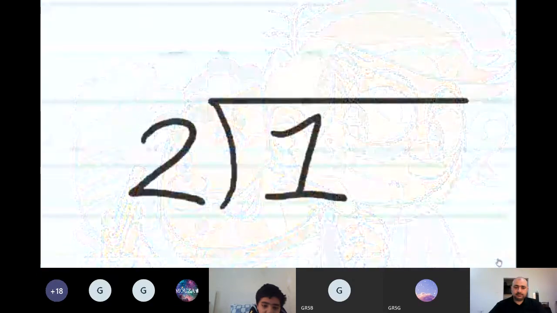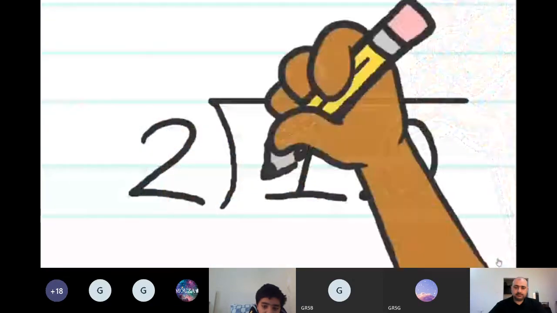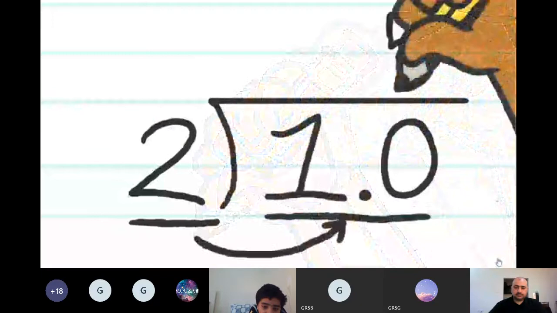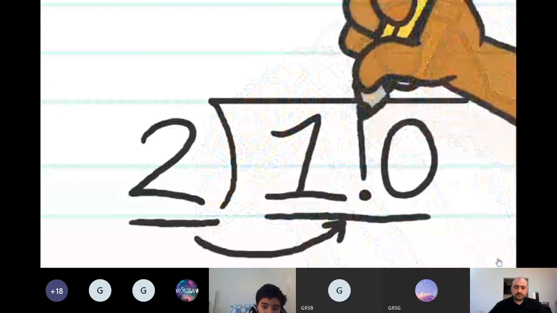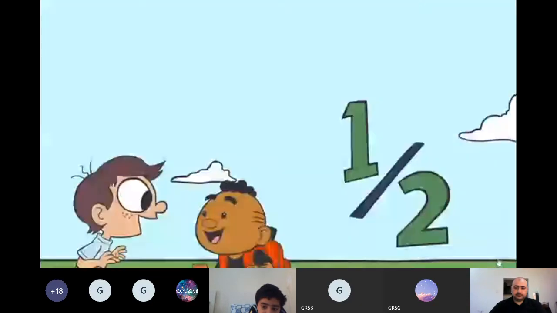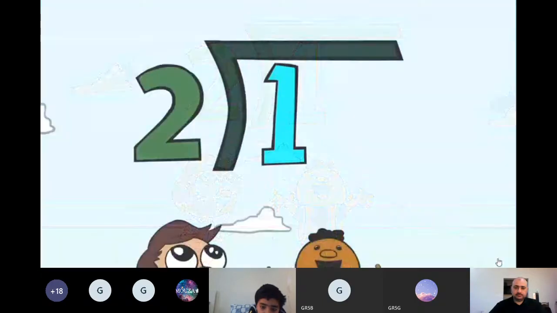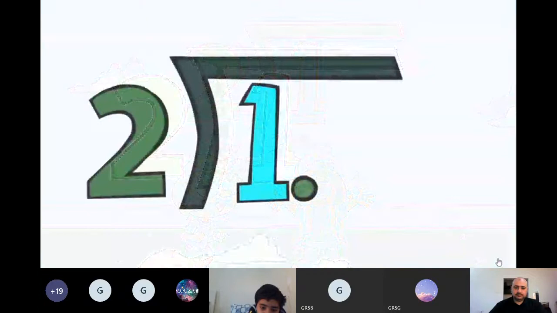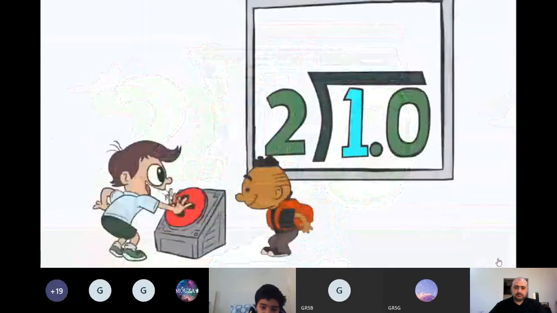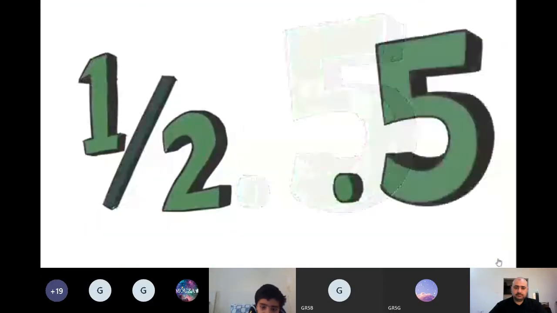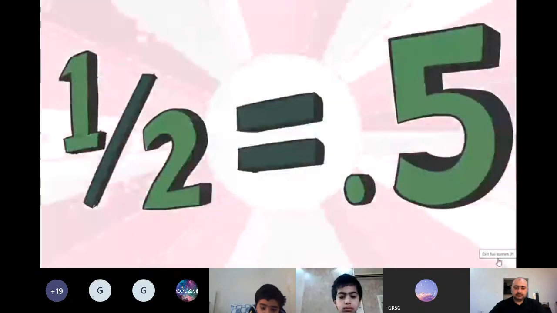Just write a decimal point followed by a 0. And you know 2 goes into 10 5 times. Then the decimal point rises above the line. The numerator becomes a dividend, and write a decimal point and a 0 in the tenth. Divide and write the decimal point in the quotient. So 1/2 and 5/10 are equivalent.